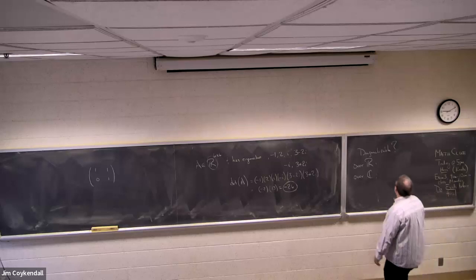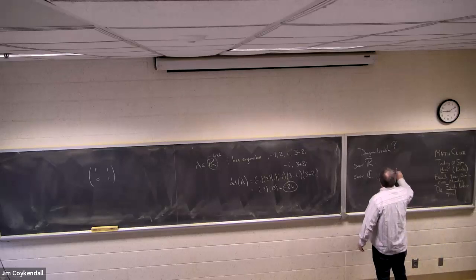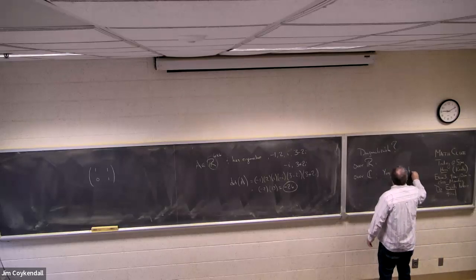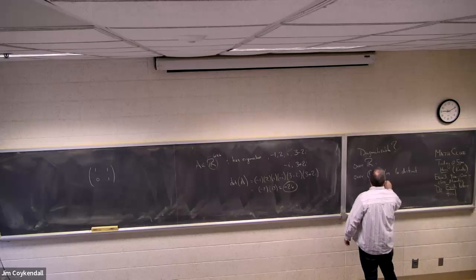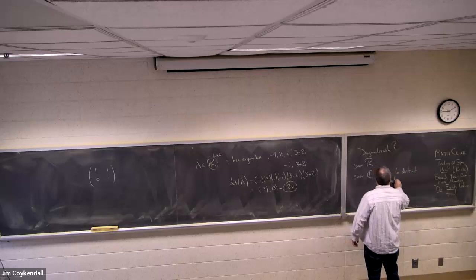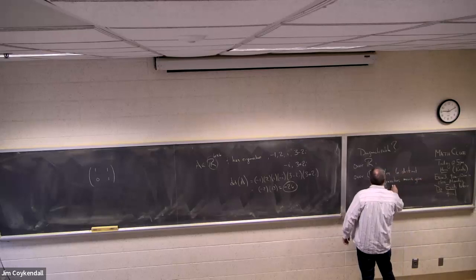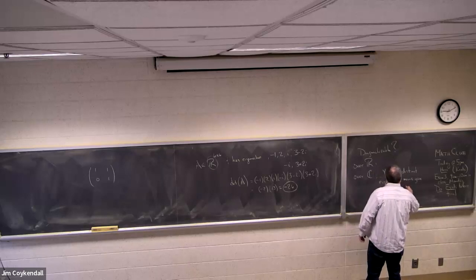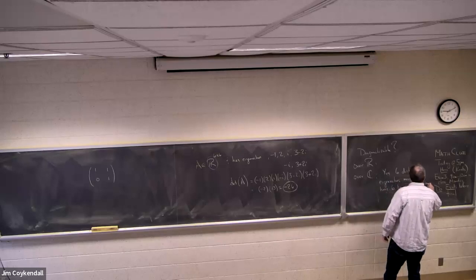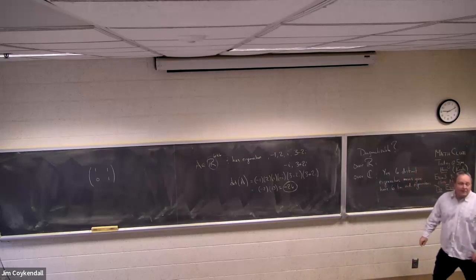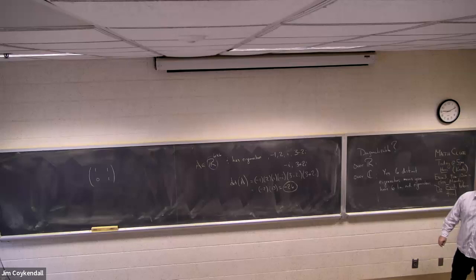So yes, 6 distinct eigenvalues means you have 6 linearly independent eigenvectors. Now, be careful, you don't need 6 distinct eigenvalues to have linearly independent eigenvectors.